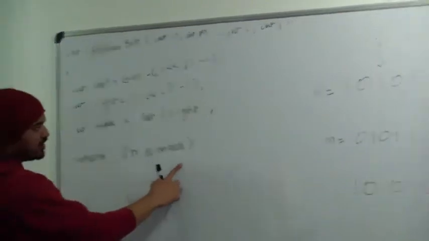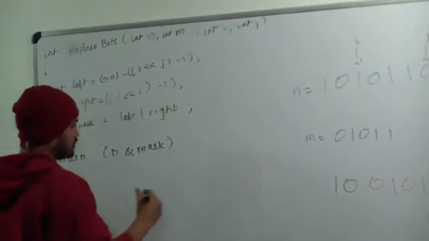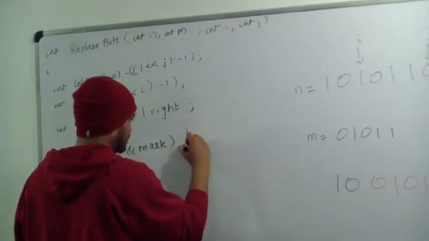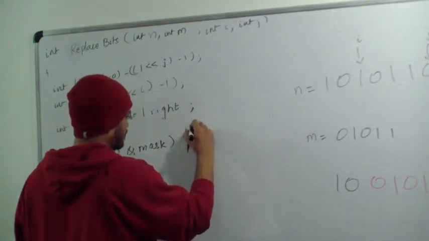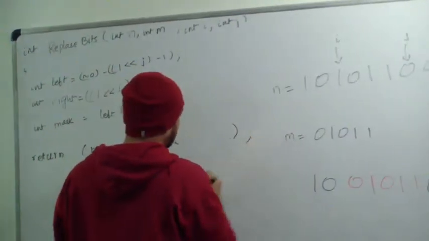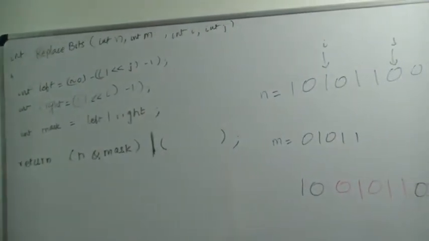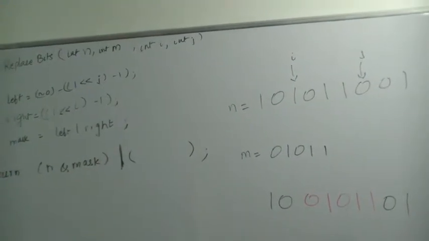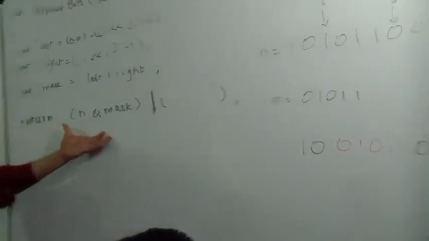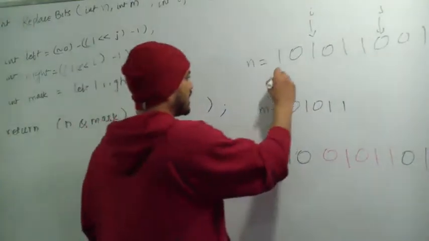Here you are clearing the values in between. You cleared the values, so this now looks like this.